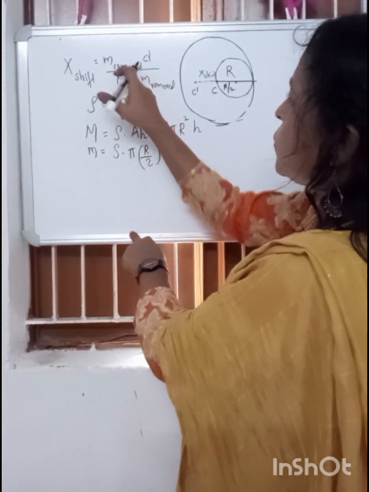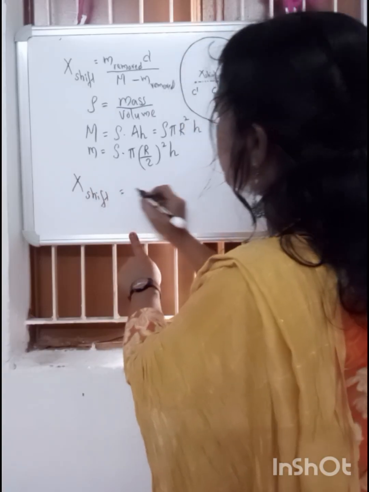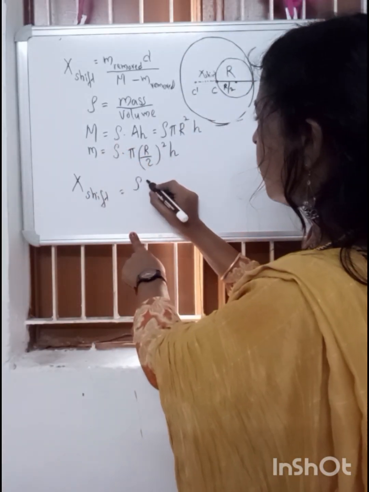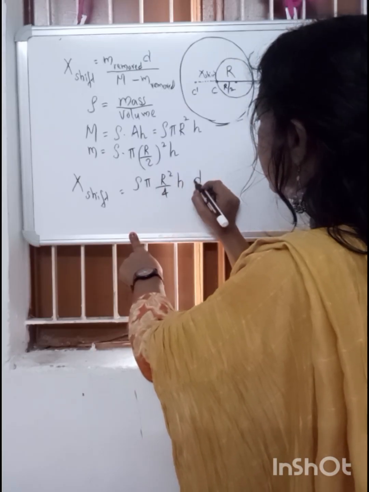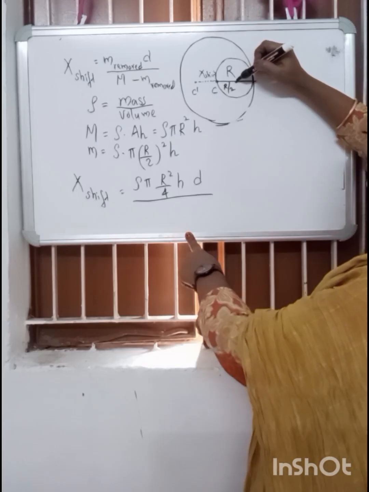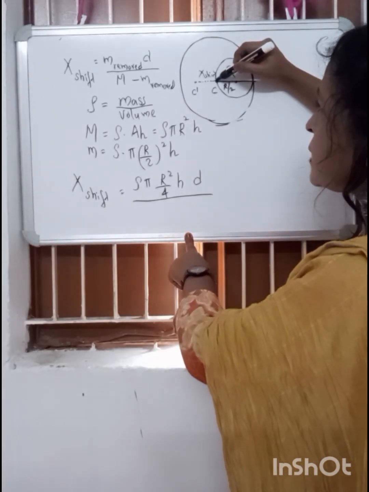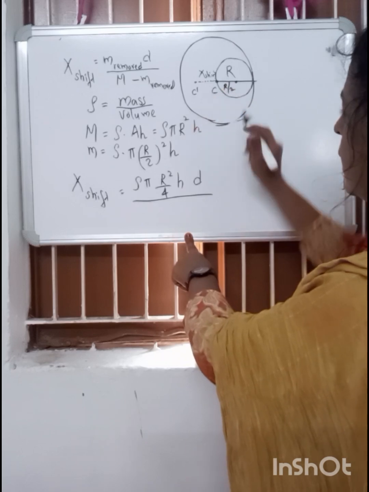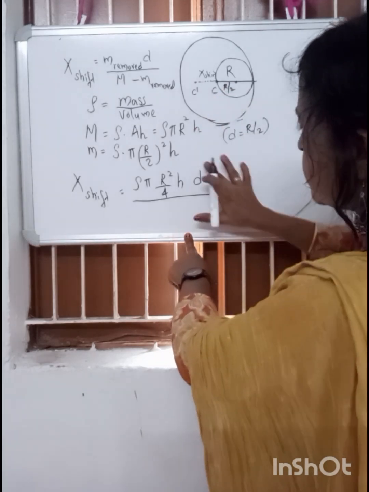Just substitute here. So x shift equals the mass removed, rho pi r square by 4 h, into d, divided by the total mass minus mass removed. What is d here? d means the distance between the center of mass of the mass removed and the original center of mass, so d is r by 2. I am substituting here.